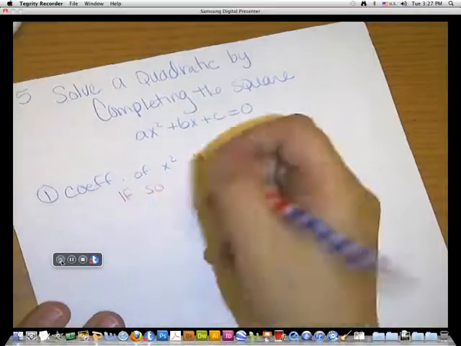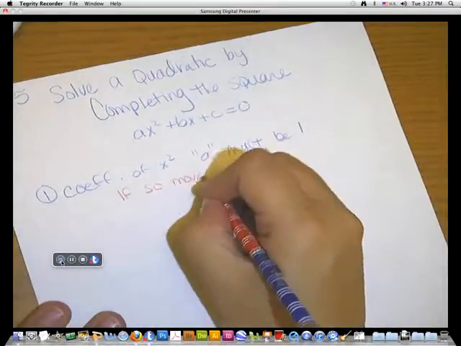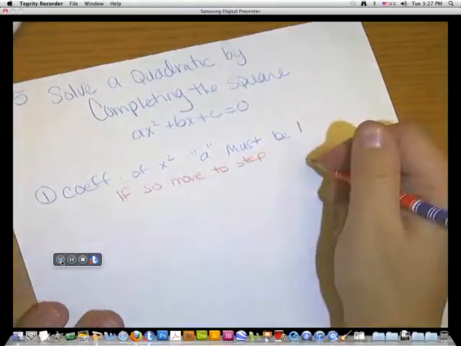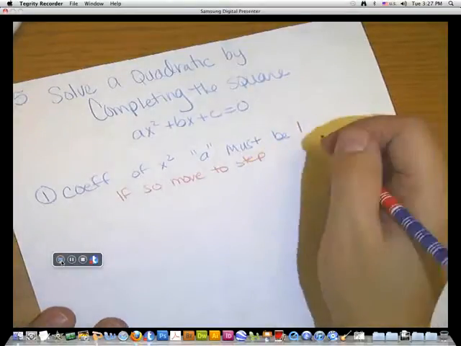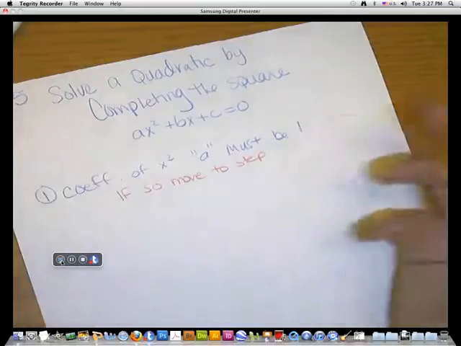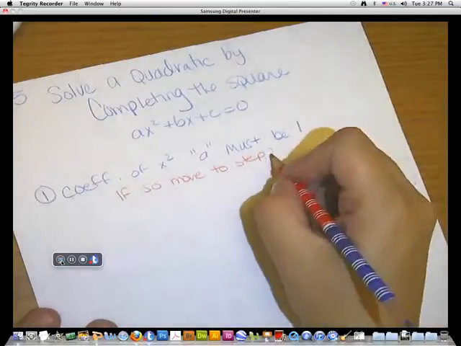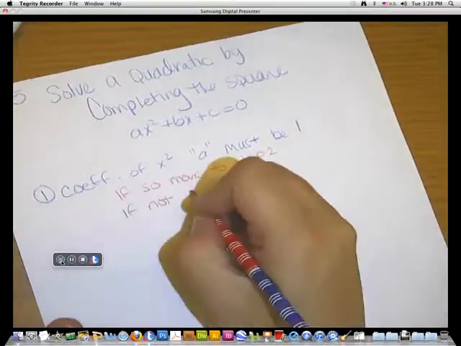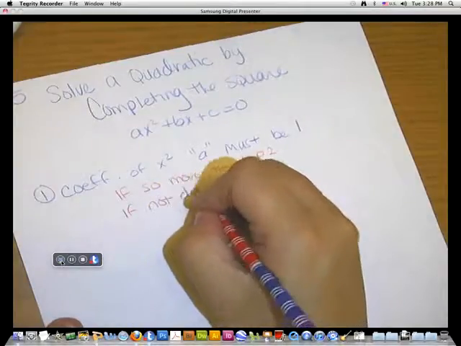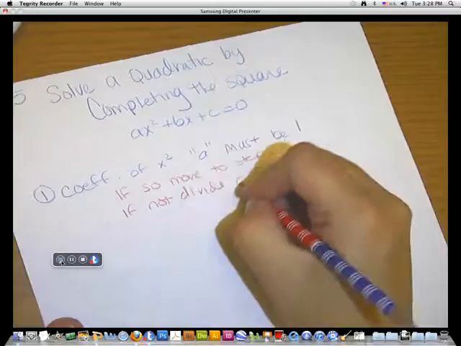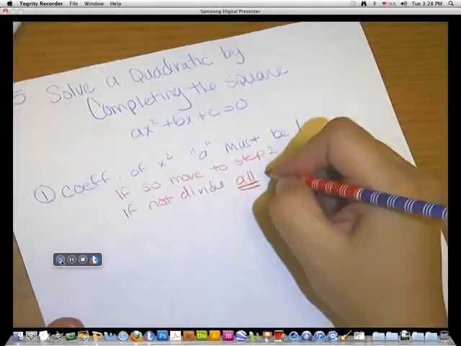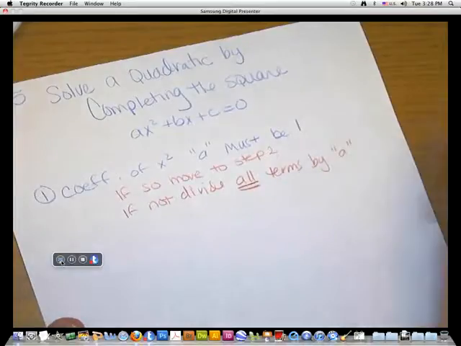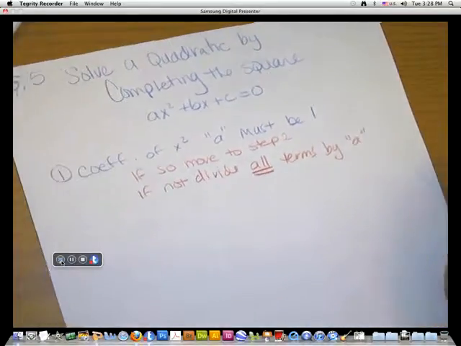If so, move to the next step. If not, divide all terms by the a.